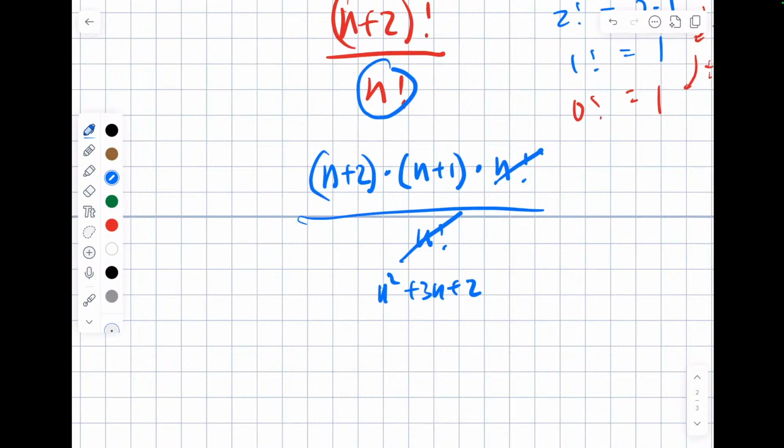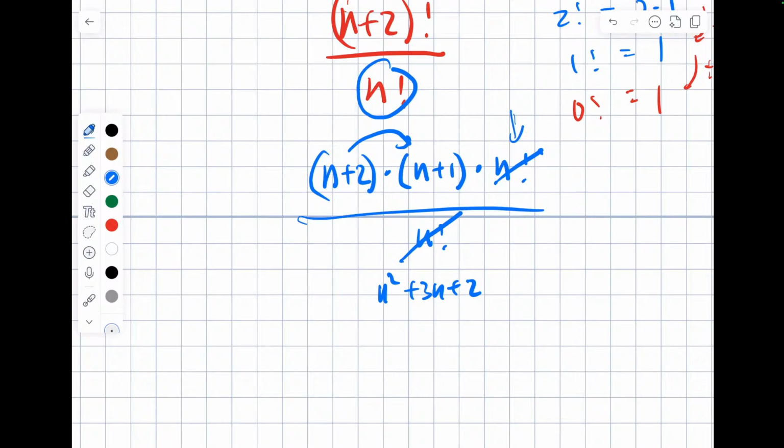Where do you get the n plus 1? Because you multiply the next number. So n plus 2, what's the next number? N plus 1, right? It should keep on going, but I'm gonna stop here because I see an n factorial on the bottom. I can simplify.